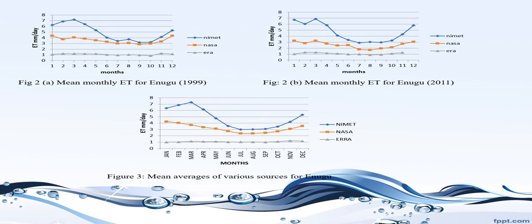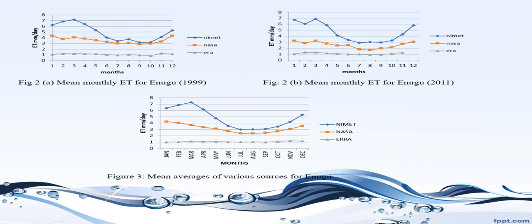So for 1999, you will see that between NASA and NIMET, the difference in ET is much larger between January and maybe April, but the values tend to come close between June and October. And the difference tends to widen again after October.